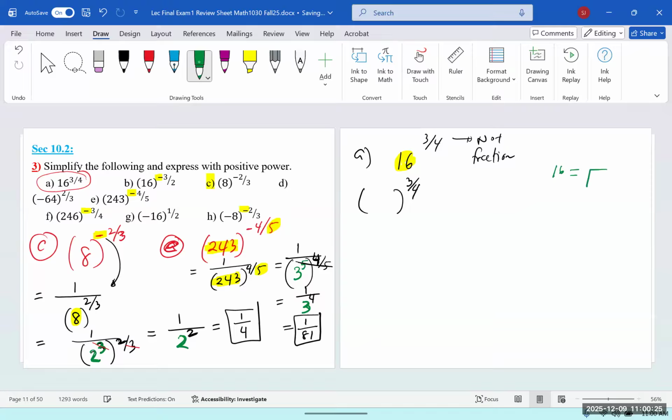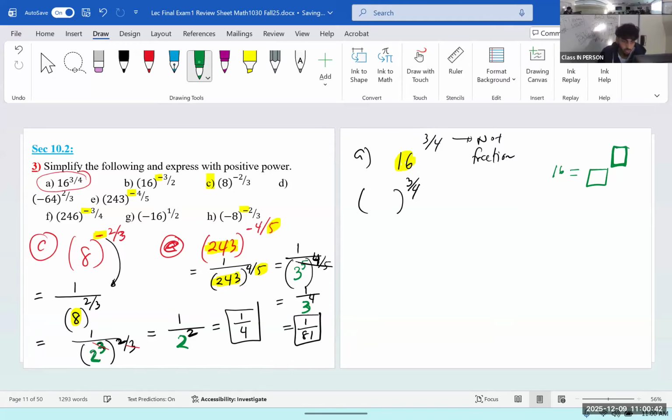We are looking for one number to which power? How do we rewrite 16? What power are we looking for, guys? 2 to the 4.